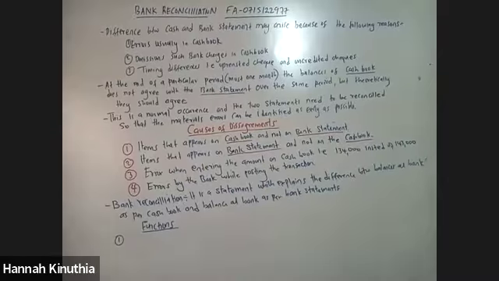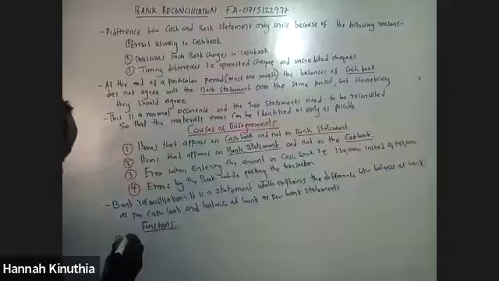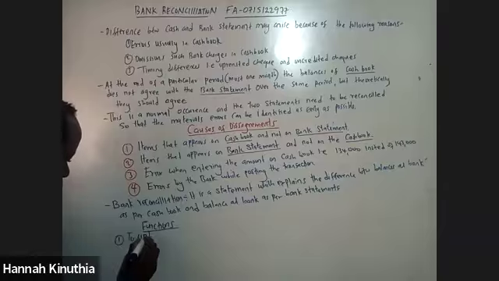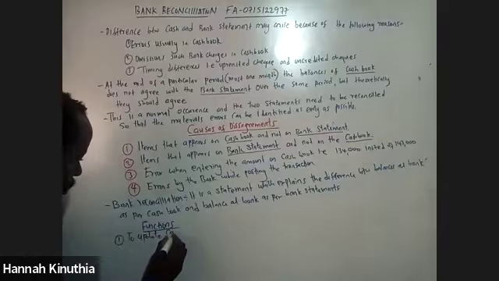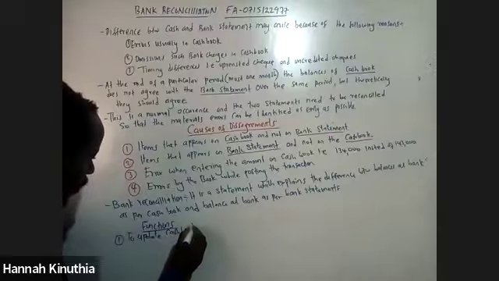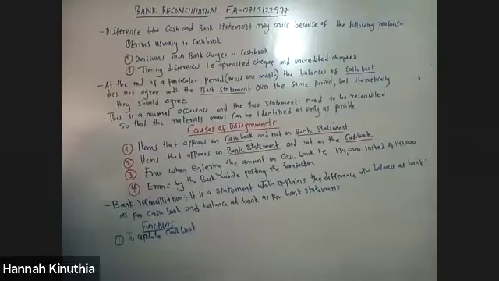Let us continue. So we say functions. Number one, to update the cash book. One of the functions of the bank reconciliation is to update the cash book with transactions that have gone through the bank.